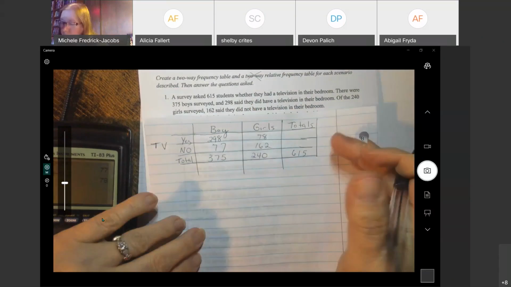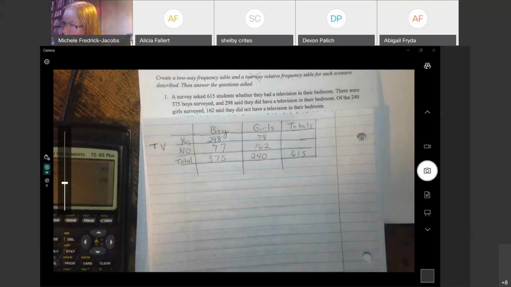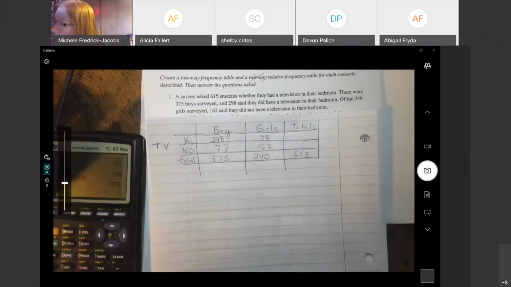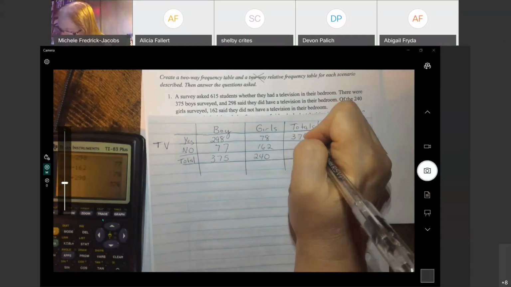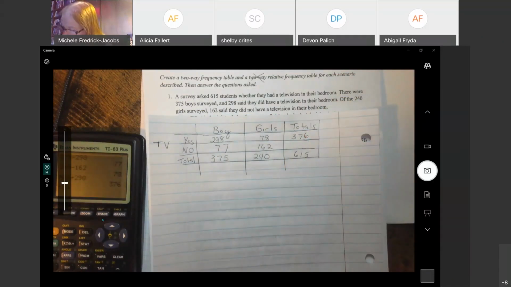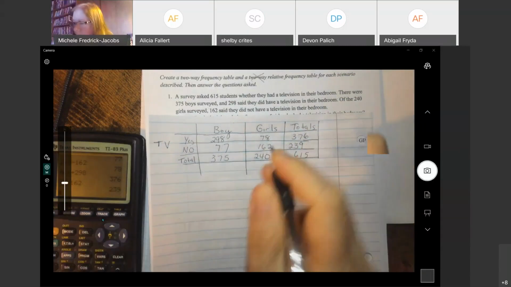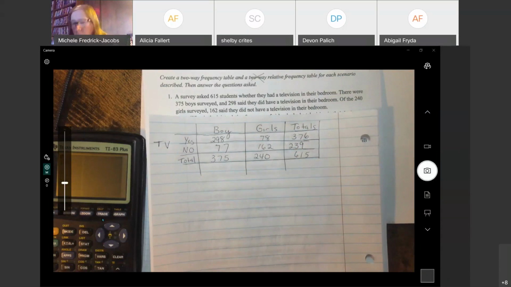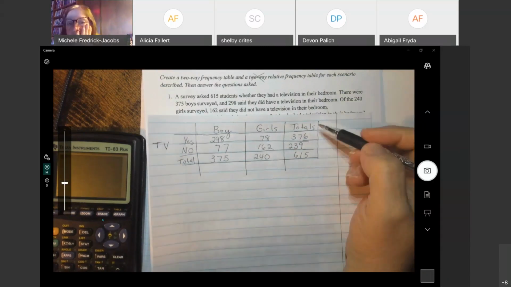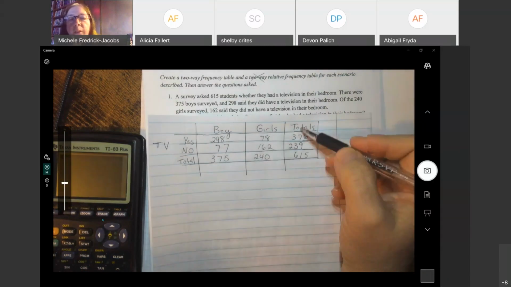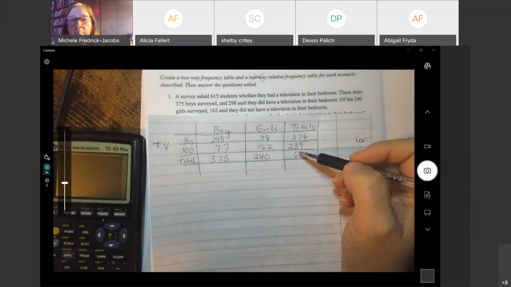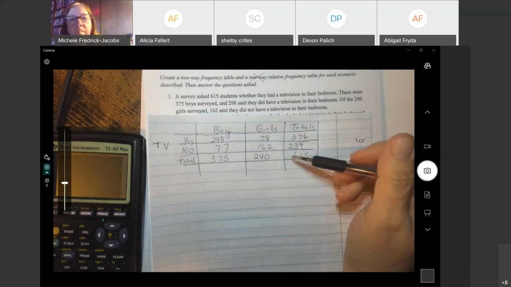Now add across. Double check. 376 plus 239 is 615. So always make sure you add down. If both ways work, then you probably didn't make a mistake. Any questions on it?